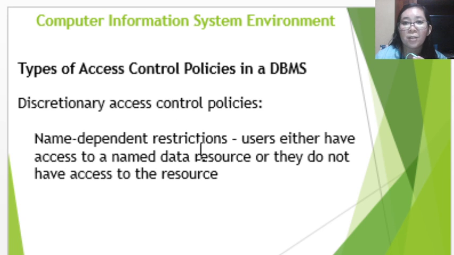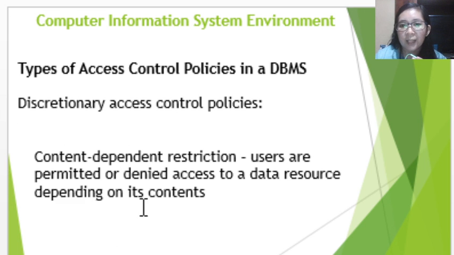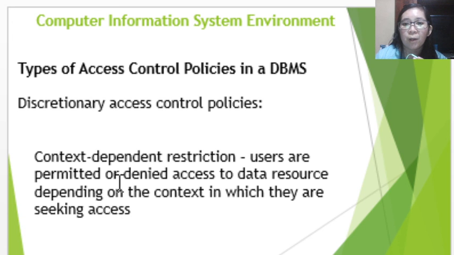Name-dependent restrictions: users either have access to a named data resource or they do not. Another is content-dependent, meaning users are permitted or denied access to a data resource depending on the contents. We also have the context-dependent restriction, where users are permitted or denied access to a data resource depending on the context in which they are seeking the access.